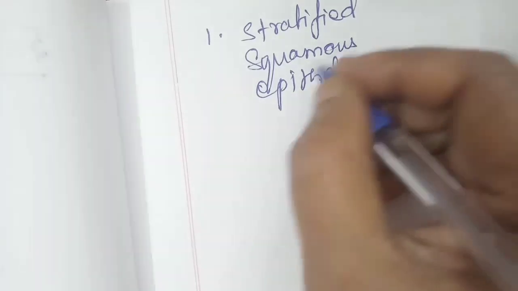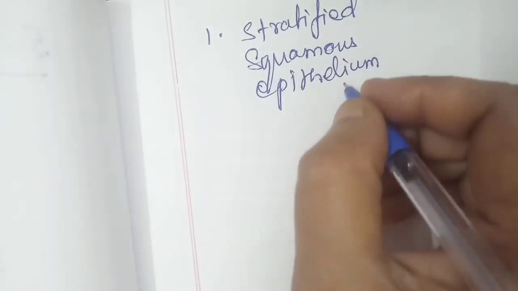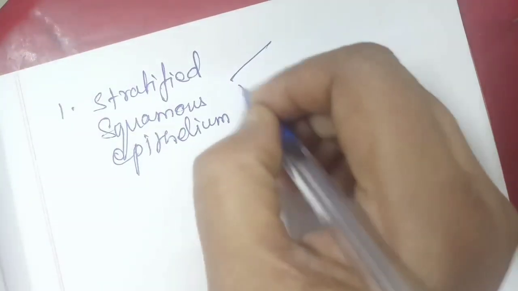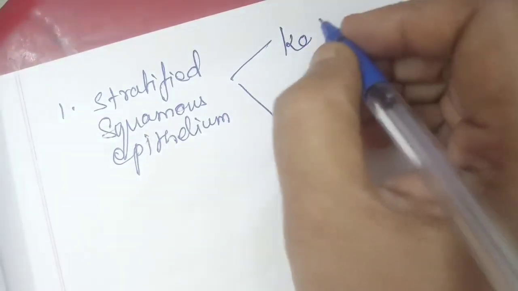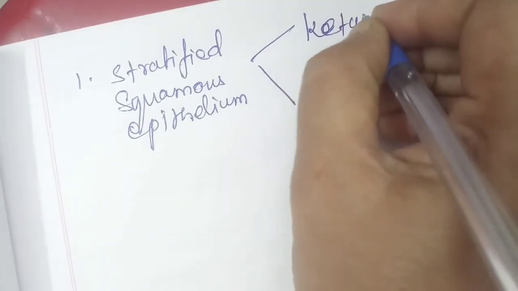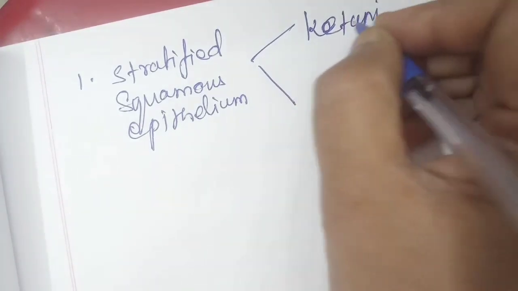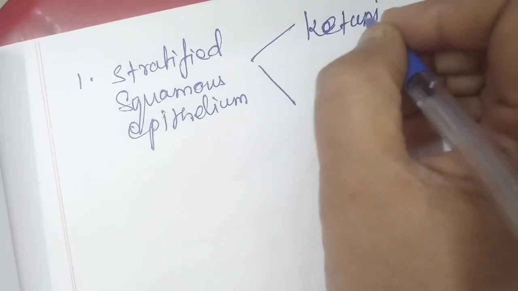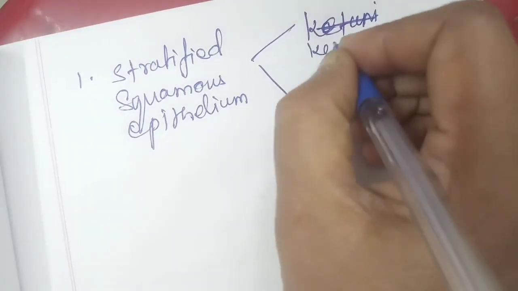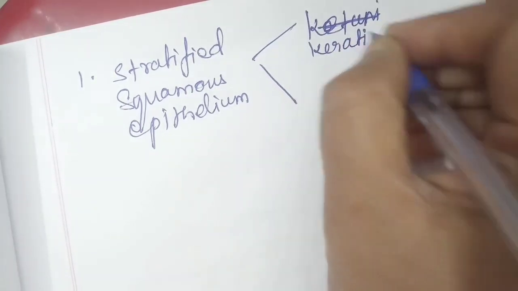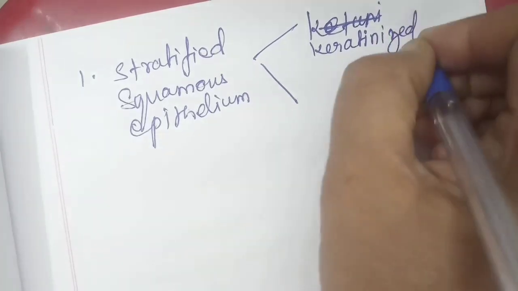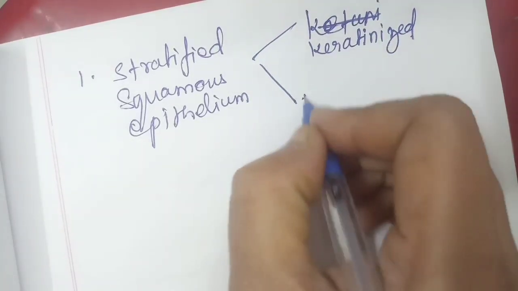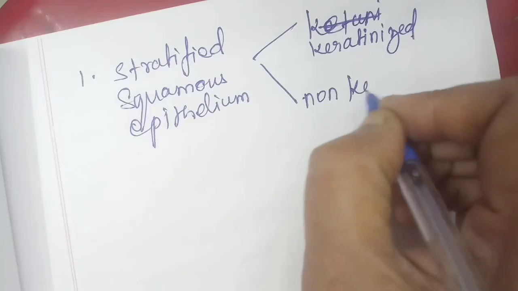Here stratified means many layers are there in the squamous epithelium. There are 2 types: one is keratinized, and another one is non-keratinized.